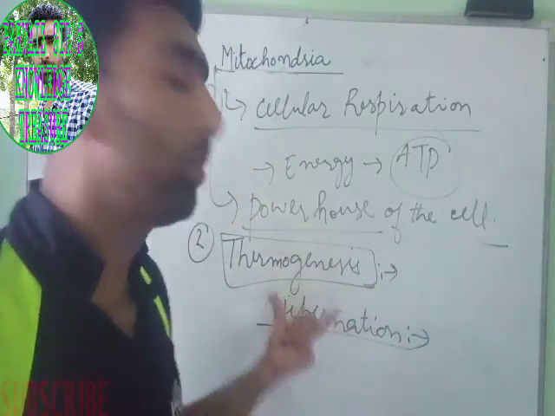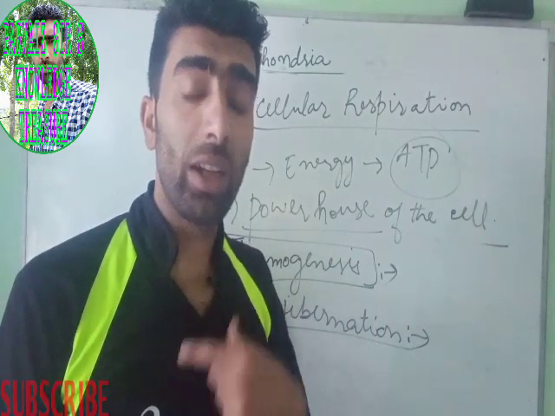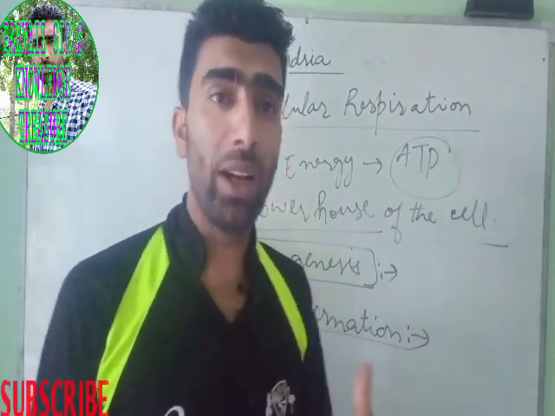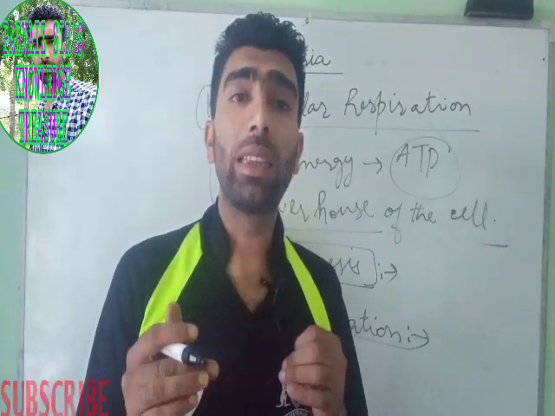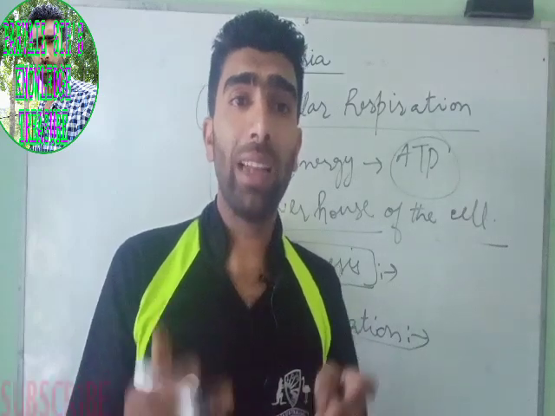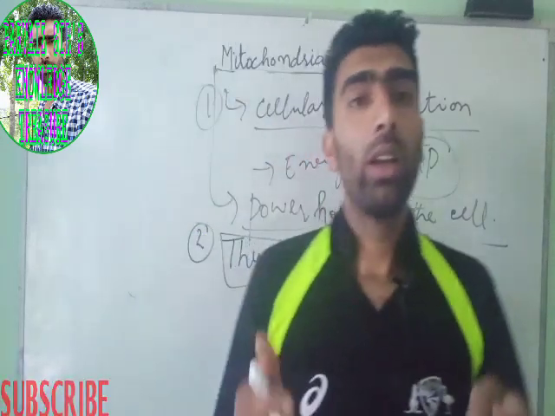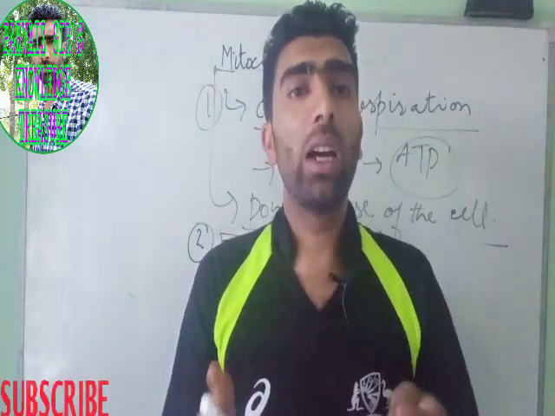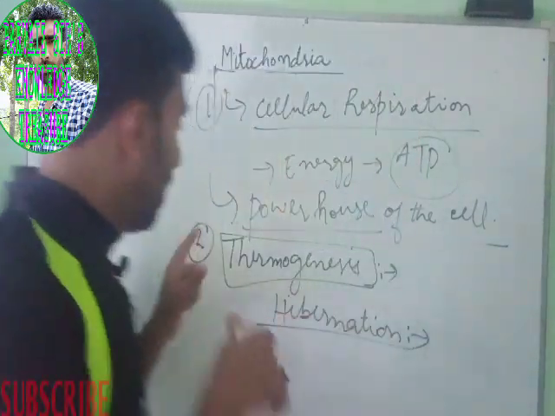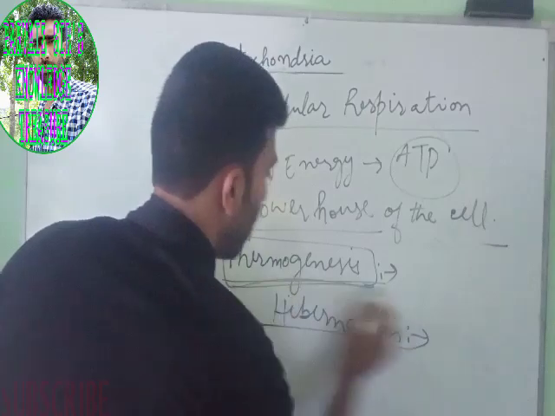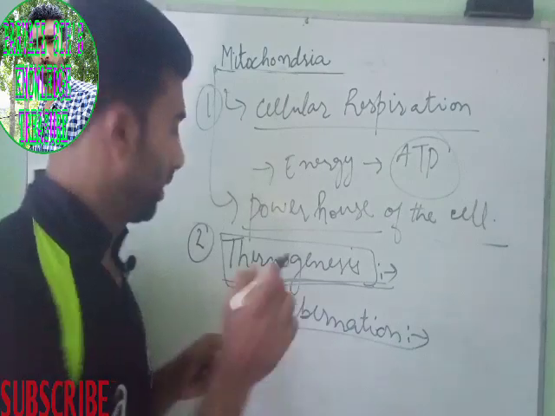They sleep during the winter, but they have brown fat in the chest region, and there are large numbers of mitochondria in these brown fat cells, producing a large amount of heat, which saves these hibernating animals from the cold. So it is involved in thermogenesis, production of heat.